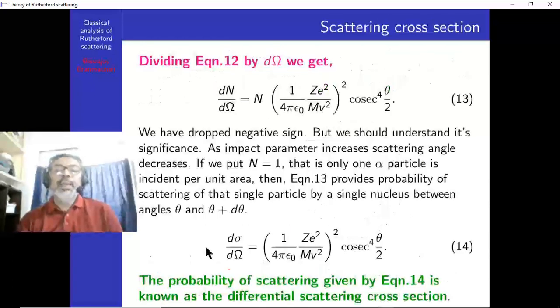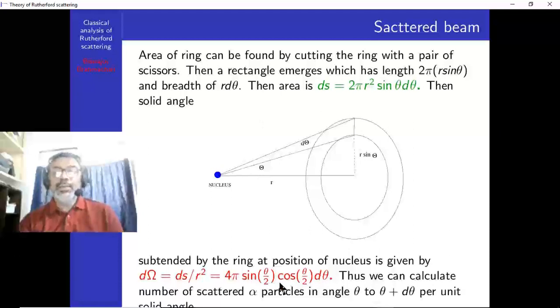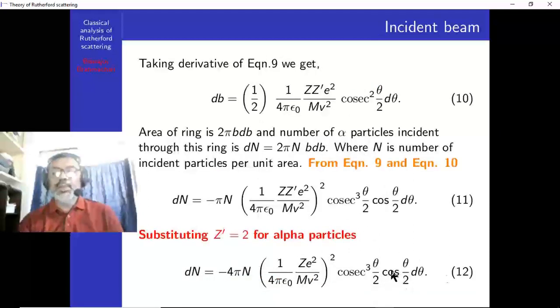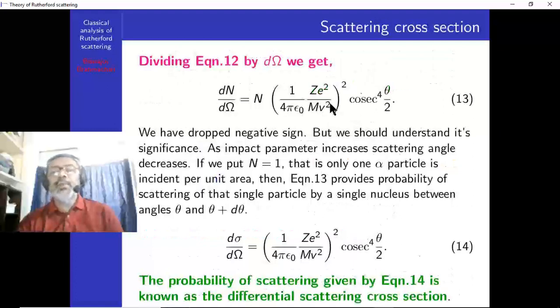If we divide, then we get dn by d omega equal to n multiplied by 1 by 4 pi epsilon naught z square by mv square whole square cosec 4 theta by 2, because in d omega we also had a cos theta by 2, so that has got cancelled with this cos theta by 2, and this cosec cube was there, that has become cosec 4 theta by 2. That is dn by d omega.